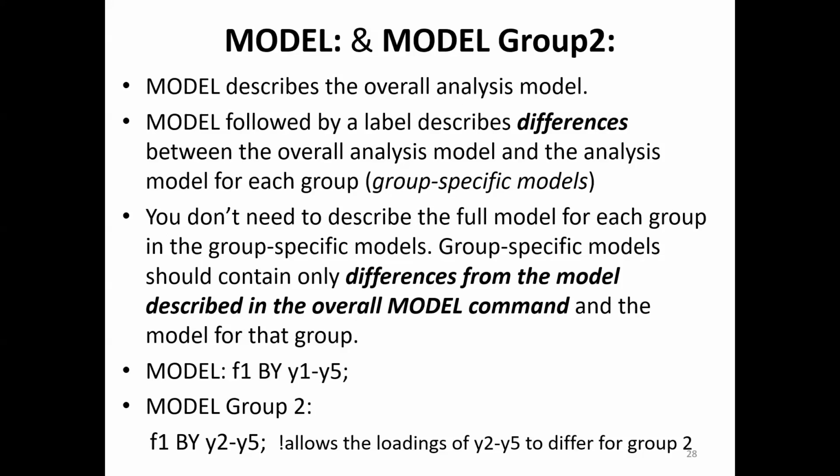Turn to model 3, which is on page 23. If you look at page 23, model 3 is the configural model. Both the loadings and intercepts vary. So this is the least constrained multiple groups model, and this is the model that I like to start with.